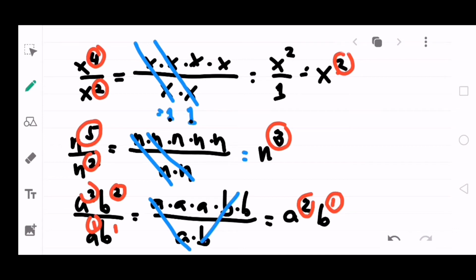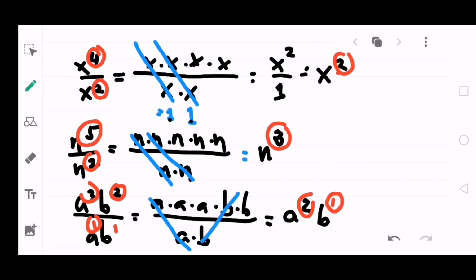So that is the main idea of the quotient rule. We are just simply getting the difference, or subtracting the exponents of the bases in the numerator and in the denominator.